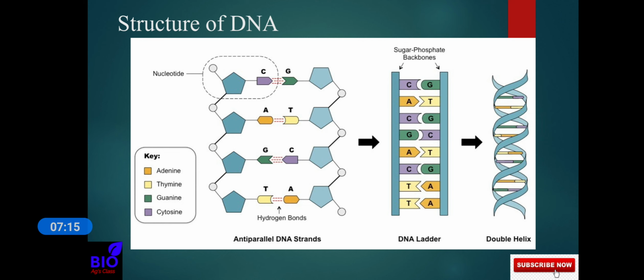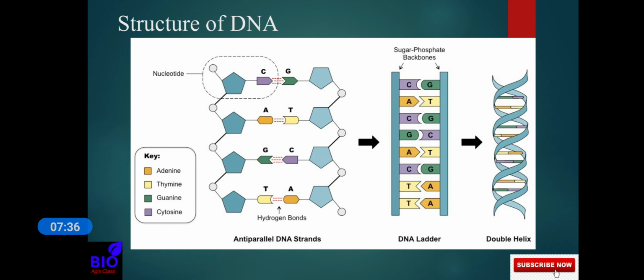These two DNA strands are called polynucleotides. Why are they called polynucleotides? Because poly means many. That means they are made of many nucleotides. That's why they are called polynucleotides.